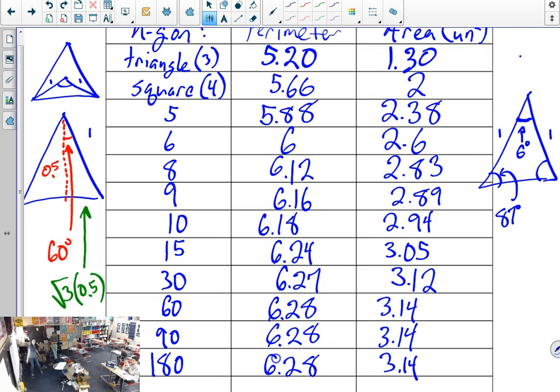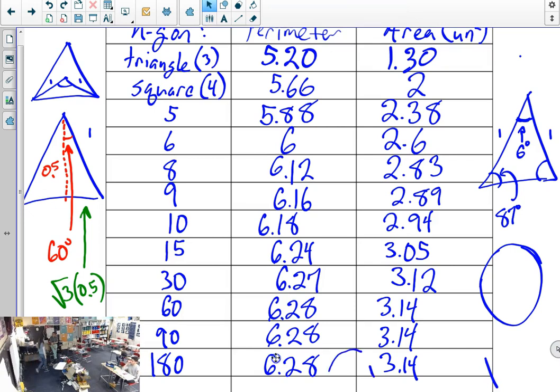Because as you get more sides, you get closer to being a circle. That's what you said, actually. And also for some reason, this times 2 is that. Yes, for some reason. And that, and that, and that.